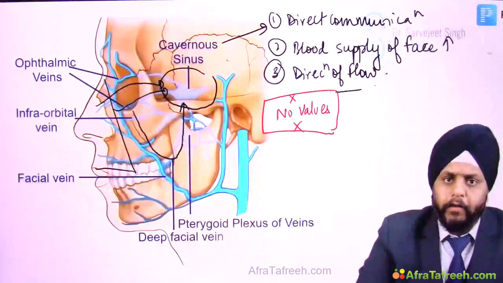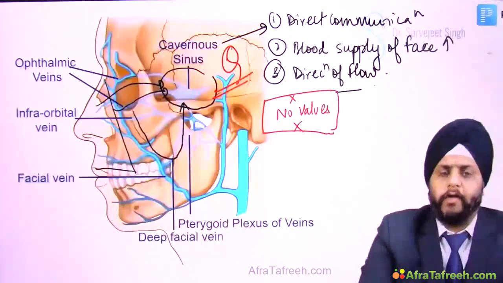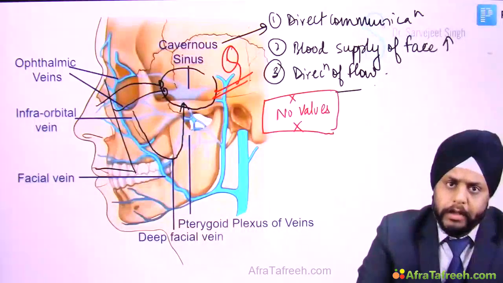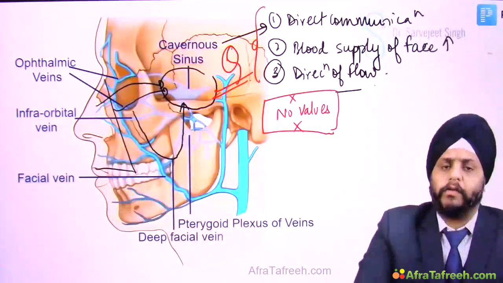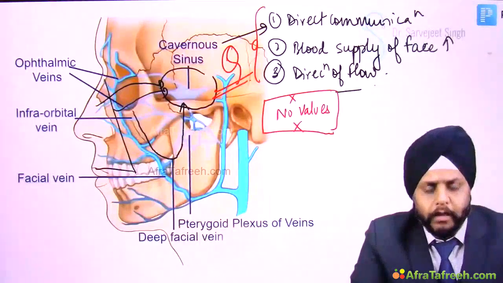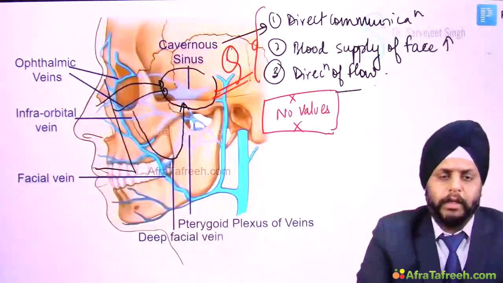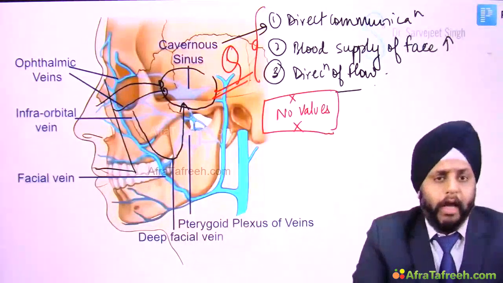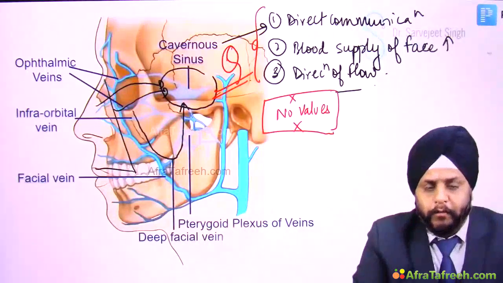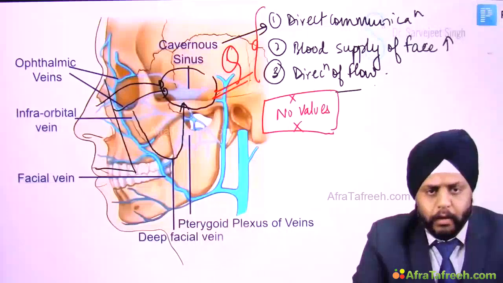It is a favorite asked question, why the infection from the face spreads to the cavernous sinus. So all these three are true statements and this is the false statement. These veins do have walls. It is because of the communication, direction of flow, and the amount of blood flow that leads to spread of infection from the face to the cavernous sinus.